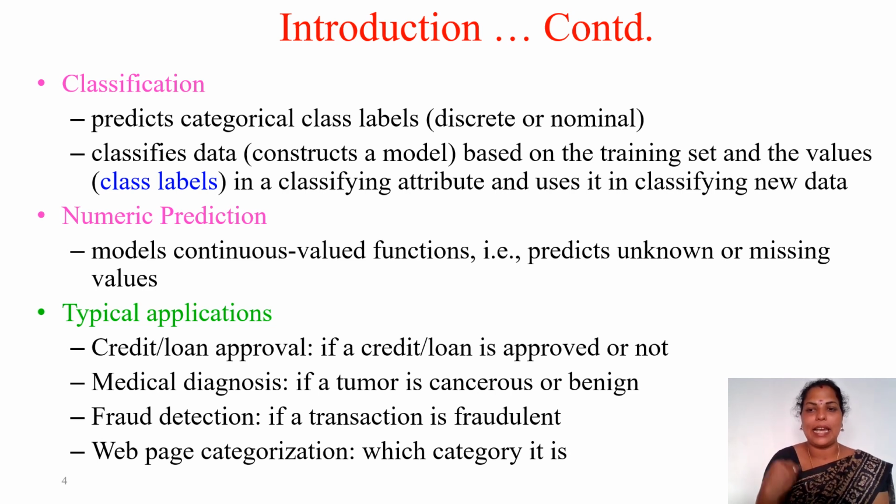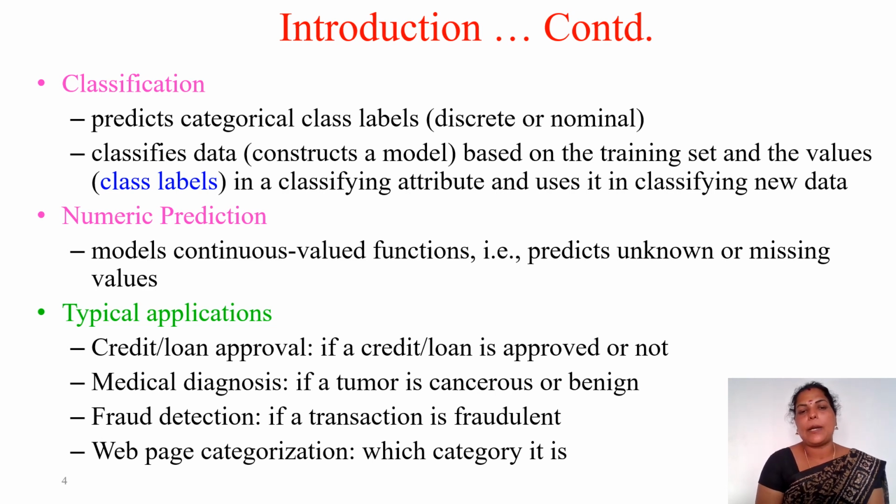Then if any new customer applies for credit or a loan, based on the previous history of data, we classify it as the loan may be approved or may not be approved.